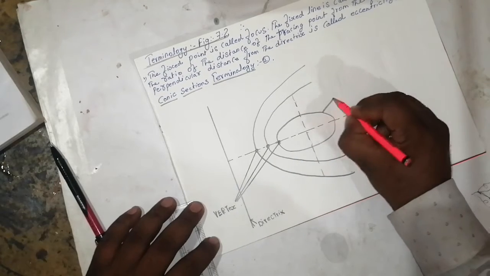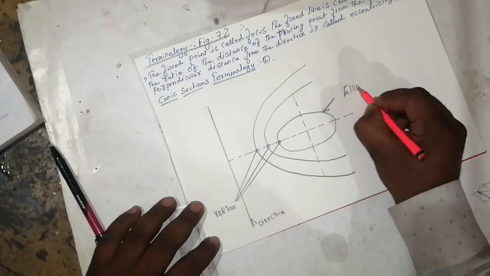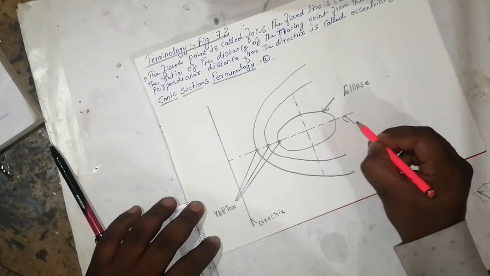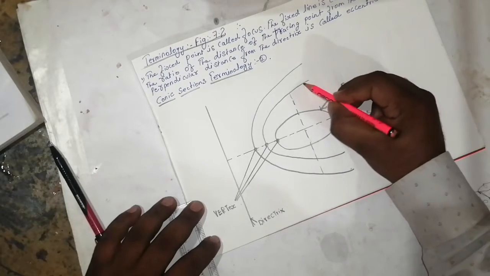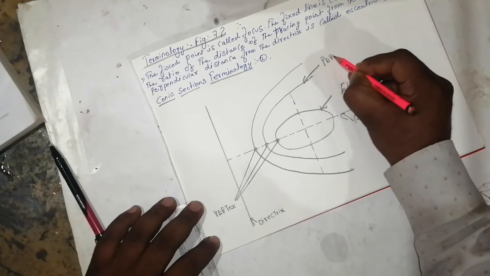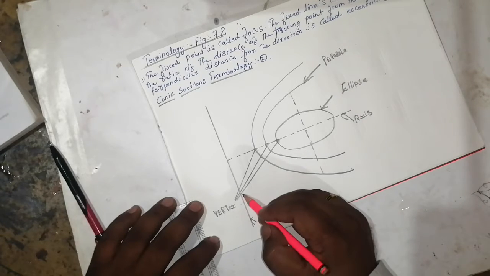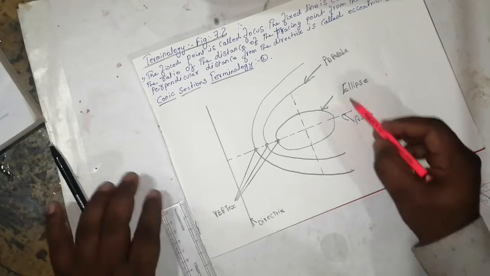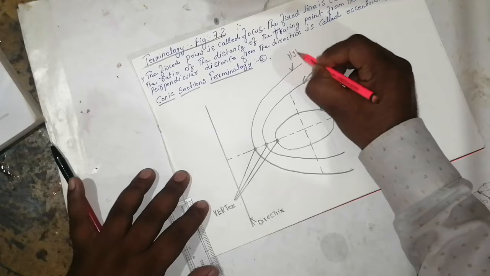The first one is the ellipse. This is the axis. This is a parabola. Then directrix, axis, ellipse, parabola, then hyperbolic.